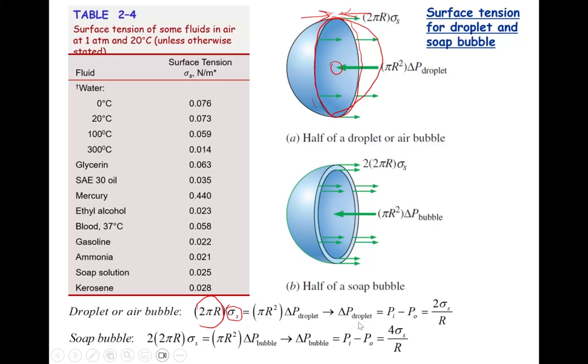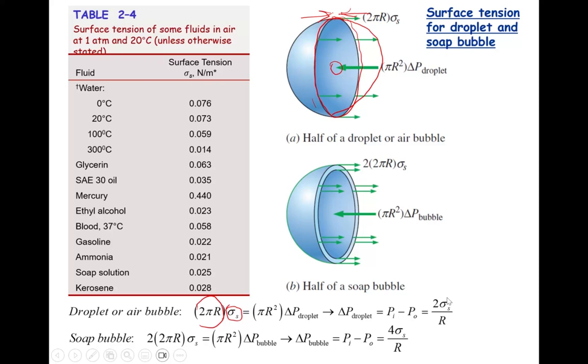Then the pressure can be estimated, which is the pressure difference between inside the droplet and outside the droplet. When you balance these forces, you get an equation that allows you to estimate the surface tension or internal pressure, for example.